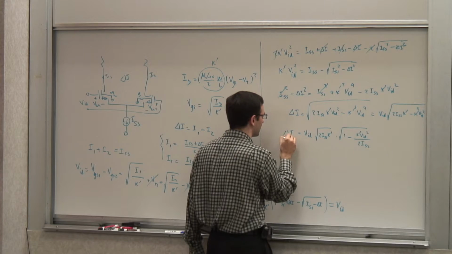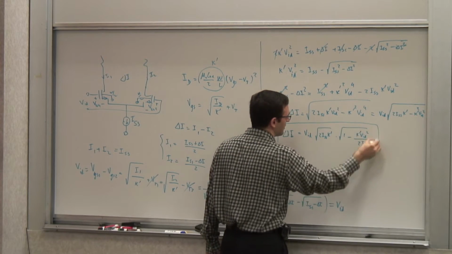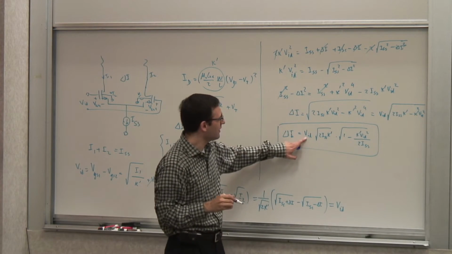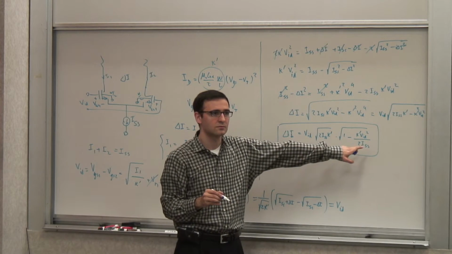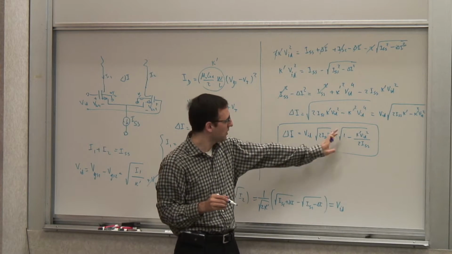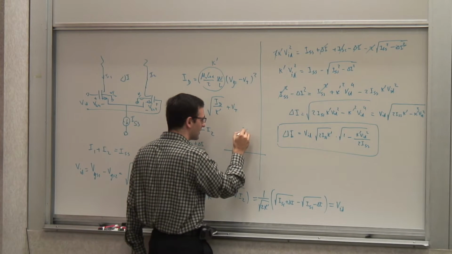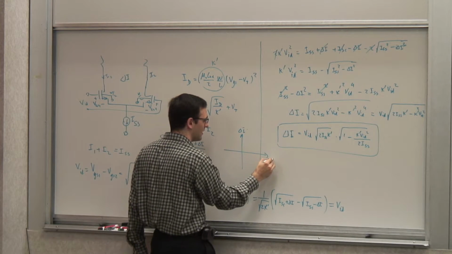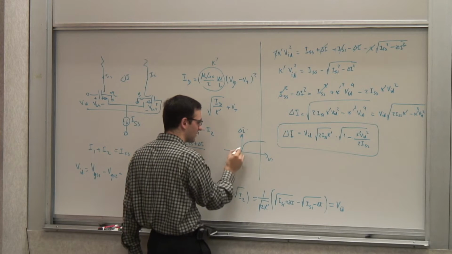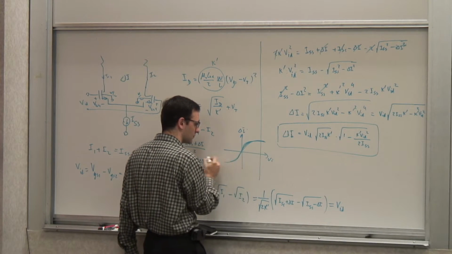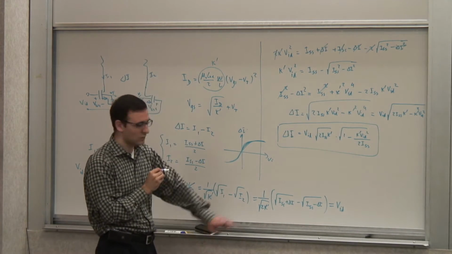That's delta I. Now, as you can see, there's a linear part and there's a nonlinear part. Okay? And if you plot this, delta I versus VID, you see a kind of a similar behavior. Talk about that in a second.